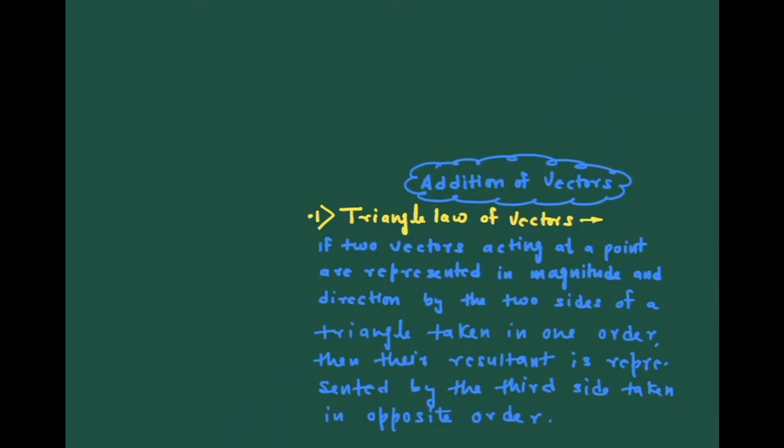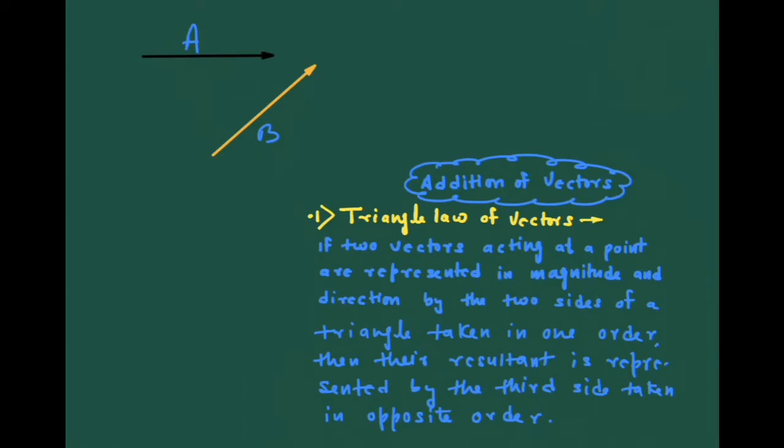So this is the law of triangle. Once again the statement, if two vectors acting at a point are represented in magnitude and direction by two sides of a triangle taken in one order, then the resultant is represented by the third side taken in opposite order.